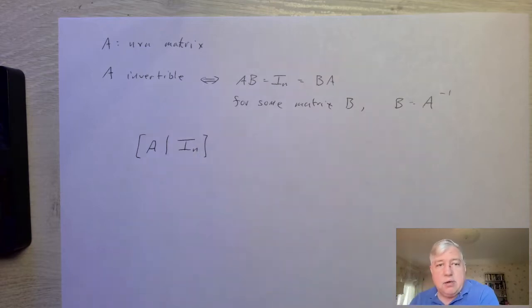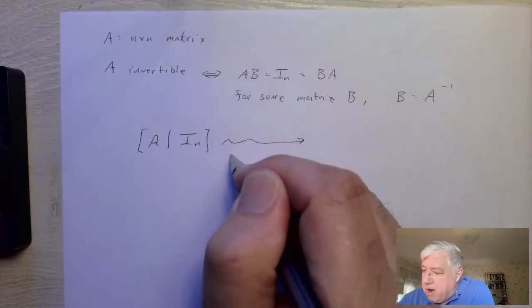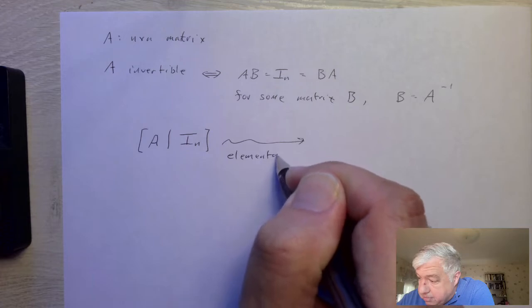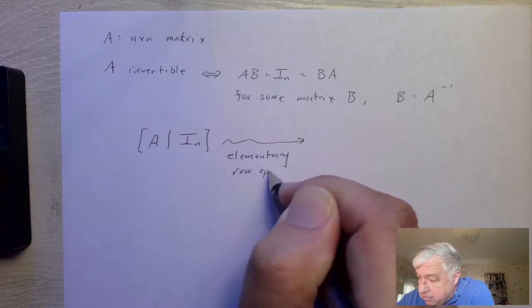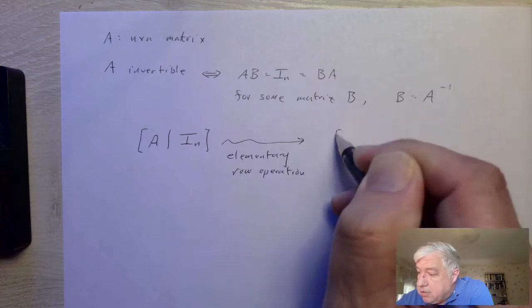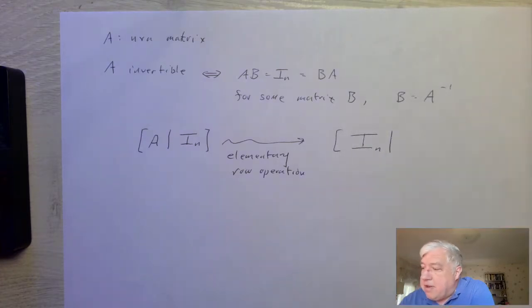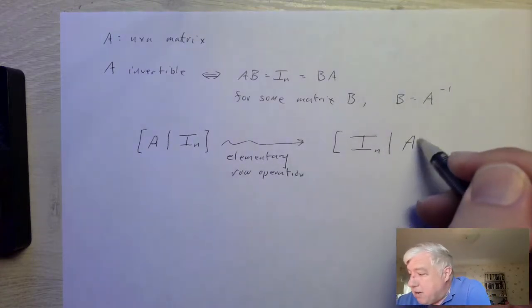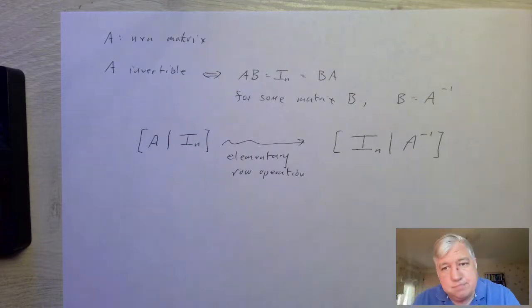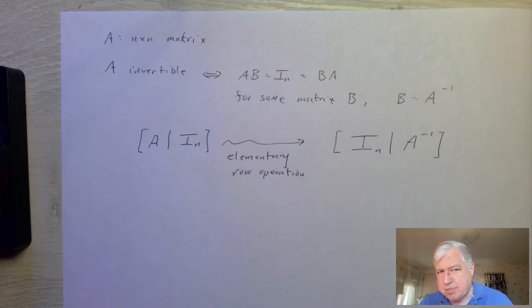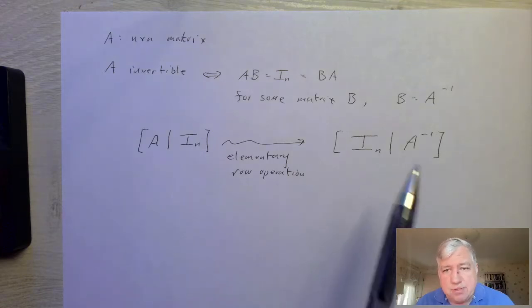So we have a matrix with n rows and 2n columns, and then we use elementary row operations to transform the left half of this matrix into the identity matrix, and then whatever is over here is the inverse of A. And that's if A is invertible. Of course, not all matrices are invertible.